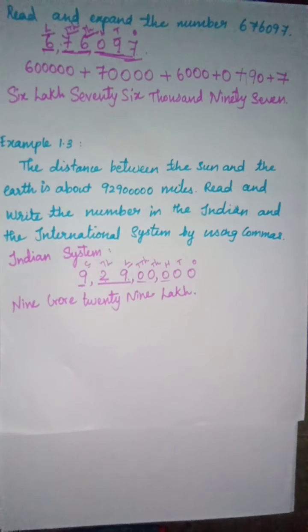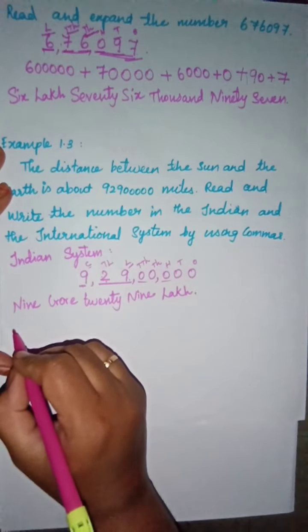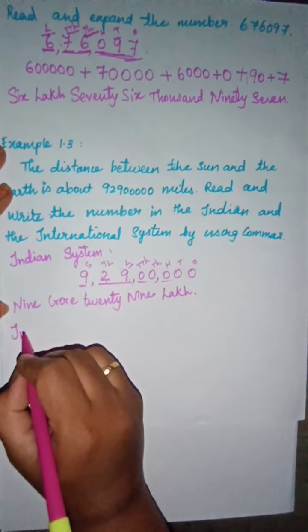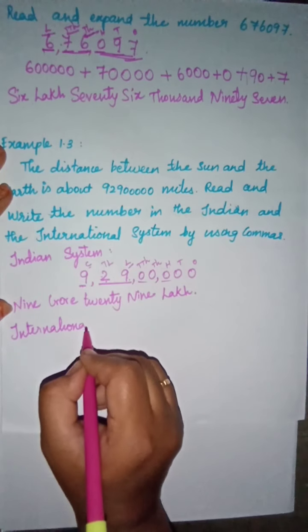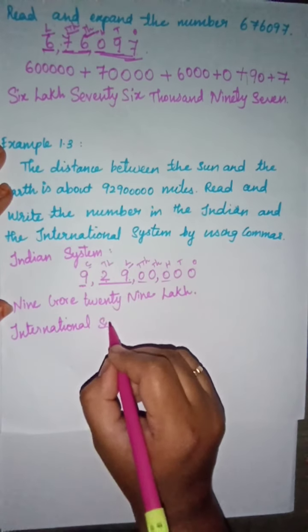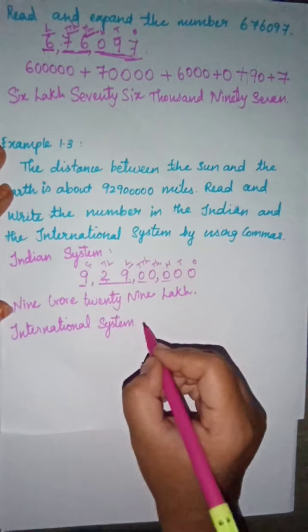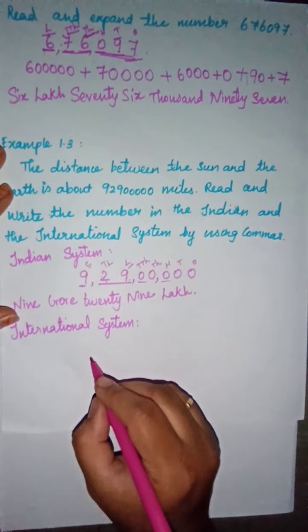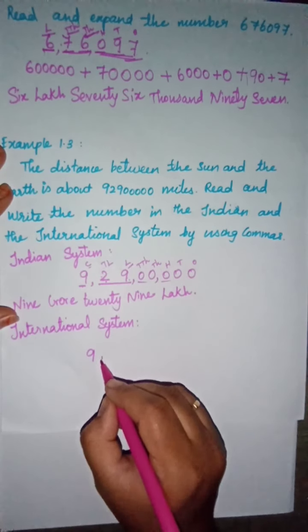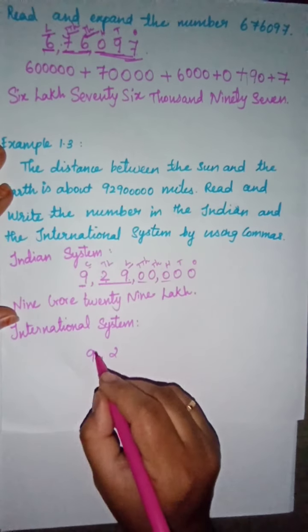As well, we are going to do it in the international system. So for the international system, start writing. Another time I am going to take that number and write it here.